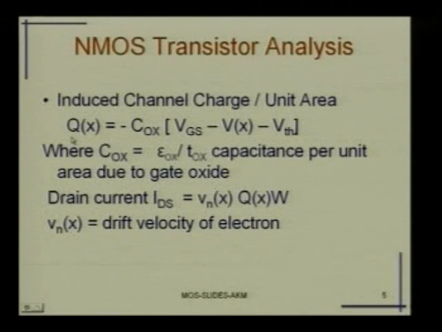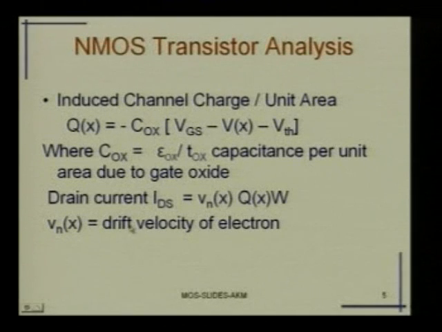So, the induced charge per unit area will be given by the capacitance times the effective voltage. The effective voltage is VGS minus VTH, above which the inversion layer is really formed, and Vx, as the voltage varies, because the voltage is not constant at every point. COX is the capacitance per unit area.